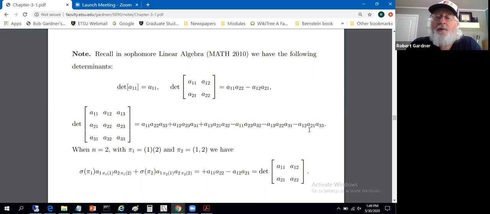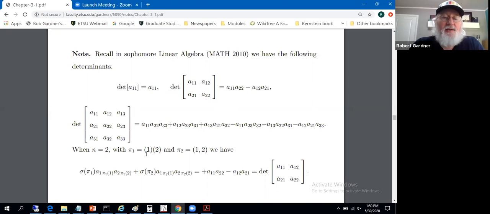The first index, we're always getting them in order: 1, 2, 3, and 1, 2, and 1, 2, 3, 4 if we do a 4 by 4. The second index, gee, I don't know, that's coming out of the permutations. Okay, so to expand this, we're going to take sigma of pi sub 1.